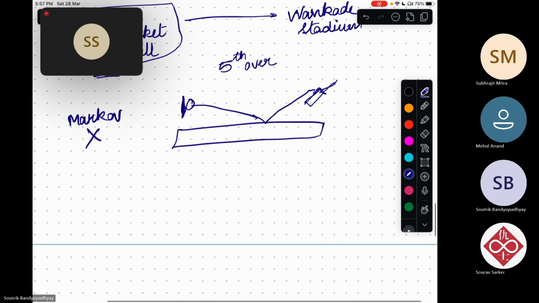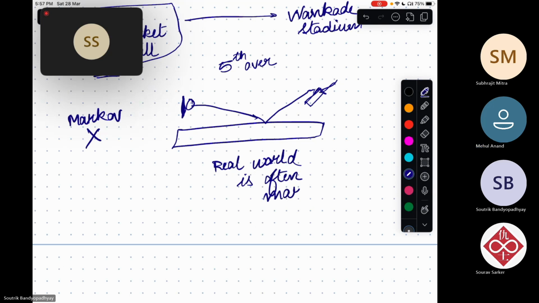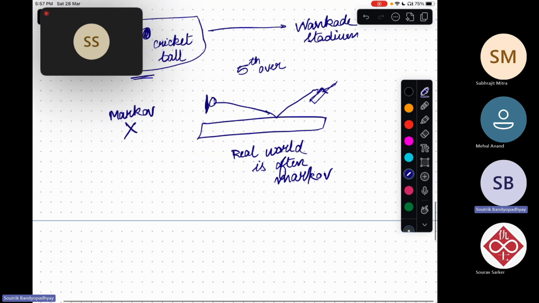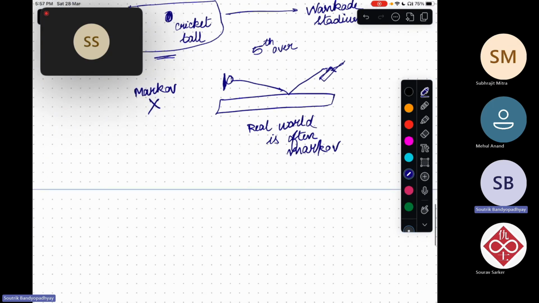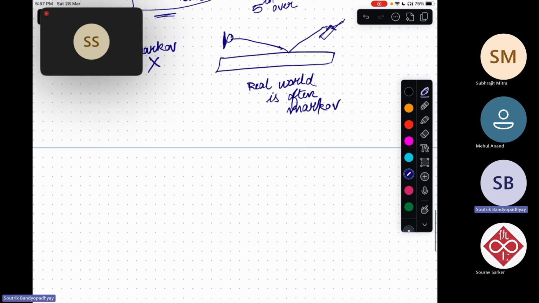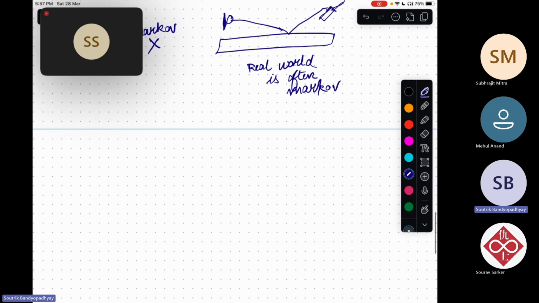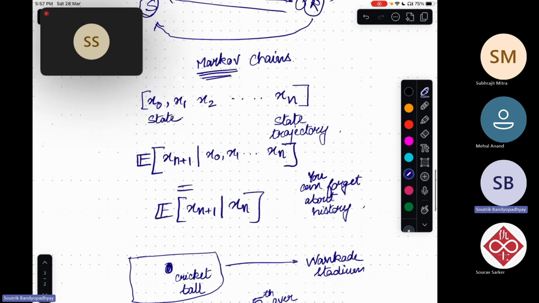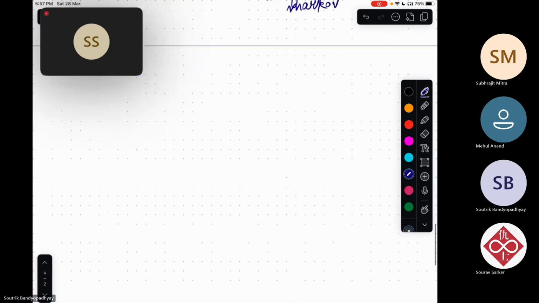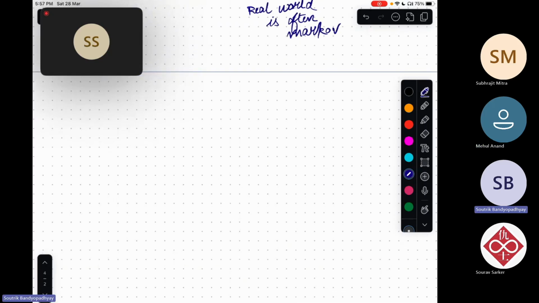So the real world is oftentimes Markov. And if it is not, then you would have to have some special circumstances that you can design for. Now, let's focus on Markov chains and let's write the situation again.